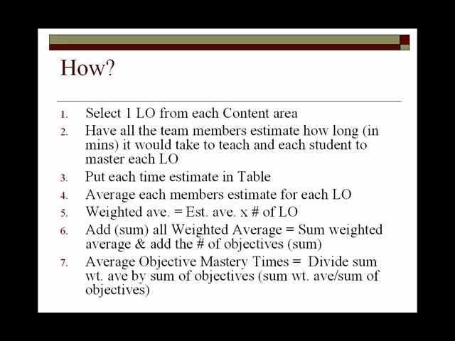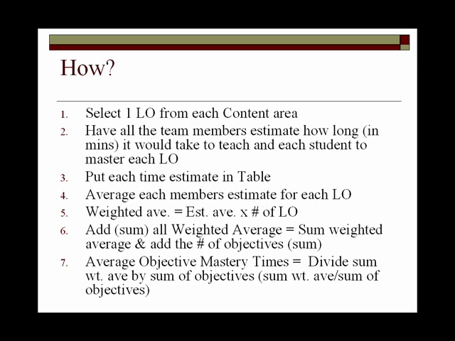Okay. Then we also want to add up, or sum, all the different objectives. They have 114 total objectives. So we finally get to this, and then we can actually calculate our average objective mastery time.